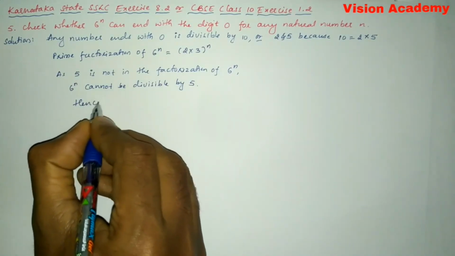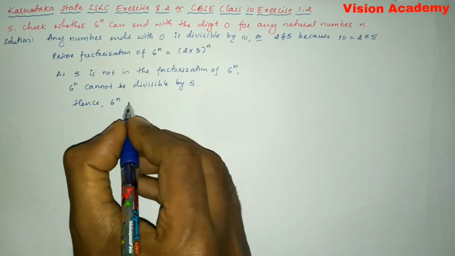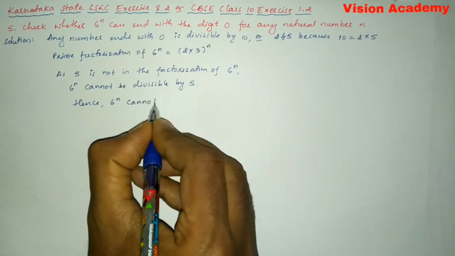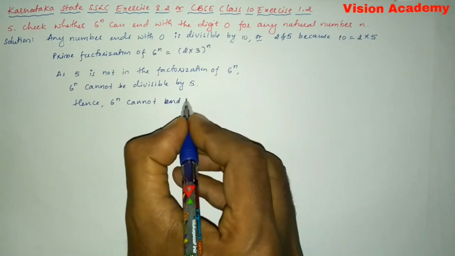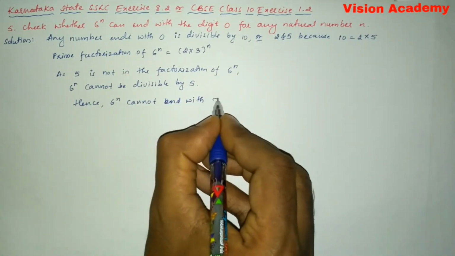Hence, we can prove that 6 to the power n cannot end with 0.